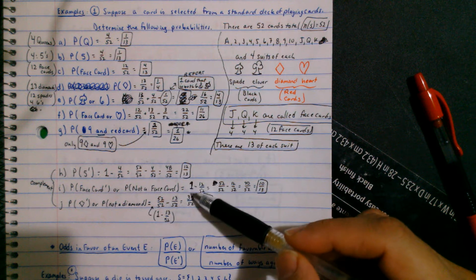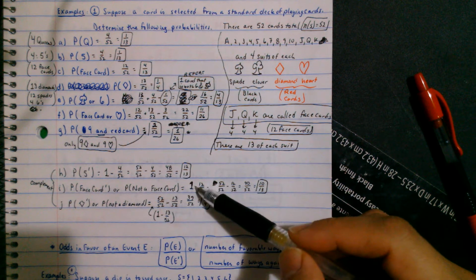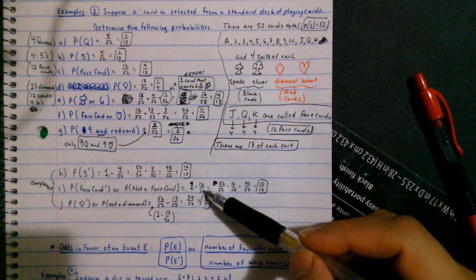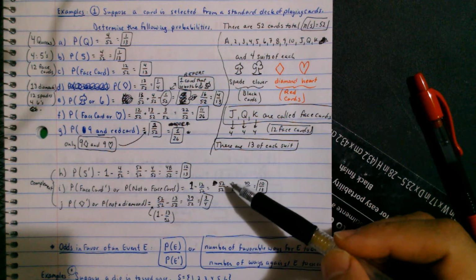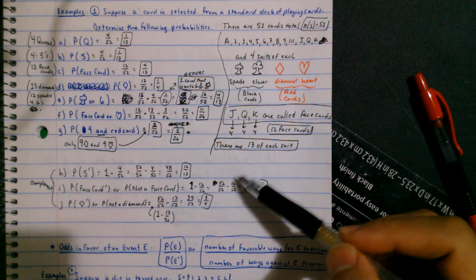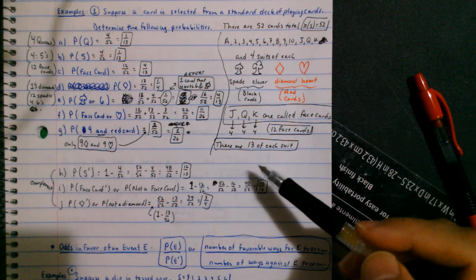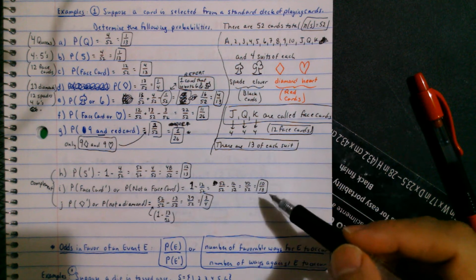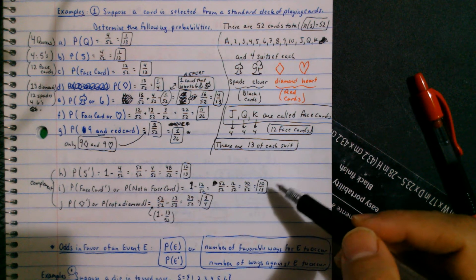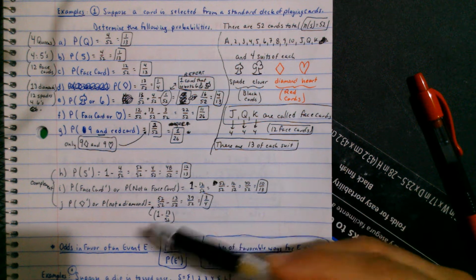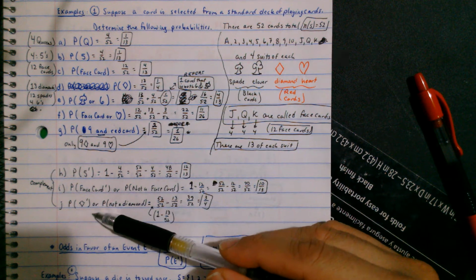So it's the 1 whole minus 12 out of 52. But this one I'm going to put as a fraction to match this one on the bottom. So 52 out of 52, the whole deck, minus 12 out of 52, you get 40 out of 52, which reduces because they have a 4 in common, so it's 10 out of 13.